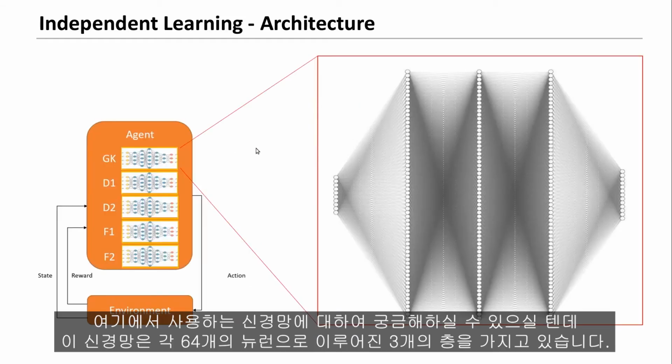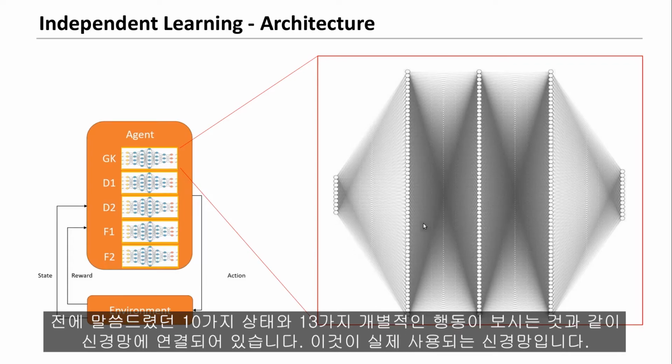In this example, if you're curious, the network that we use has three layers of 64 neurons, and the state that we showed before has 10 dimensions, and we have 13 discrete actions. That is the output here of the network. So we are training a network that has the real size that I'm showing in this slide.